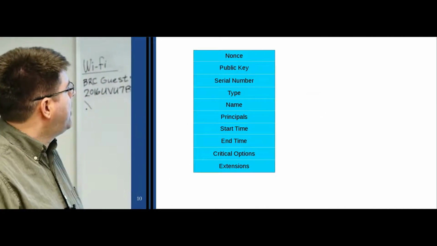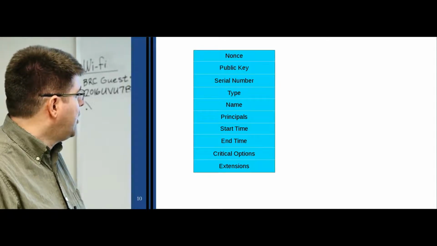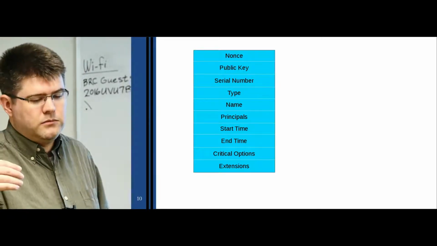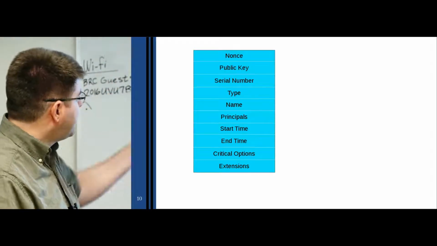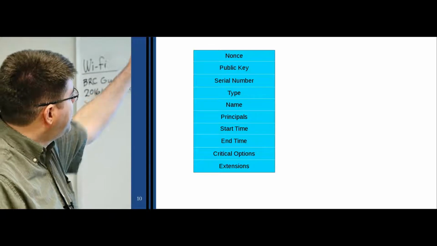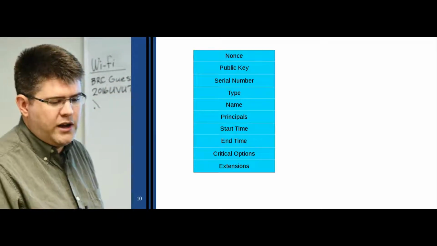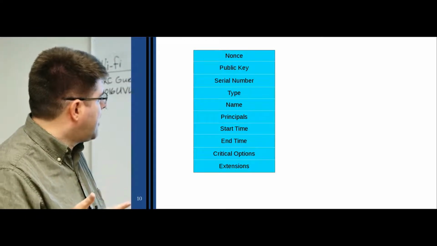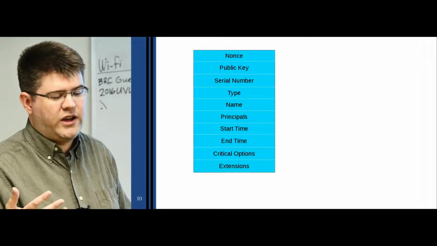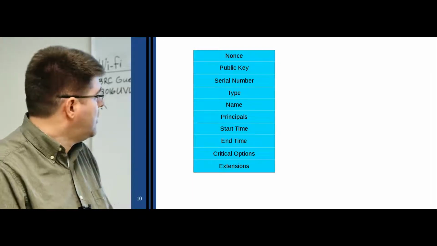This is the basic layout of the information that's going to be in the certificate. And if you go look at the spec in the OpenSSH source code, they're also in this order. The public key varies based on what key type you're using, but we have all these bits of information. Start time, end time to specify how long a certificate is valid for.